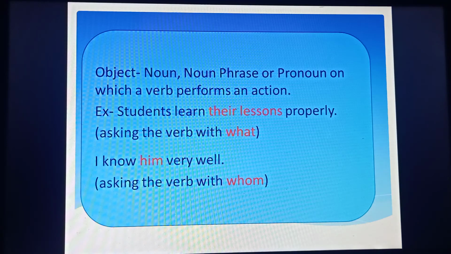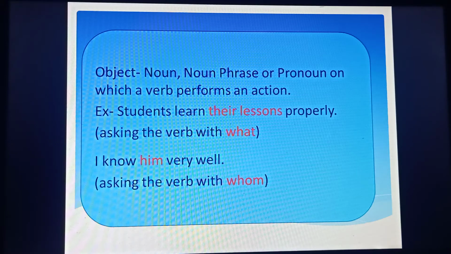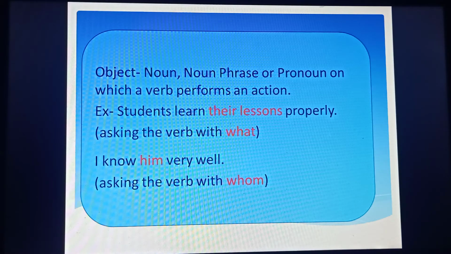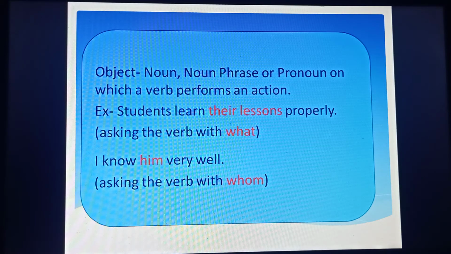See the next example. I know him very well. If I ask the verb, whom do you know, the answer is him. So this is the object. If you get the answer by asking the verb what or whom, the answer is the object. And if you don't get an answer, there is no object in the sentence.